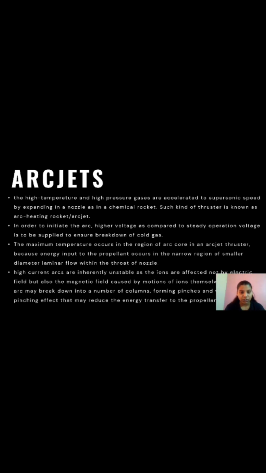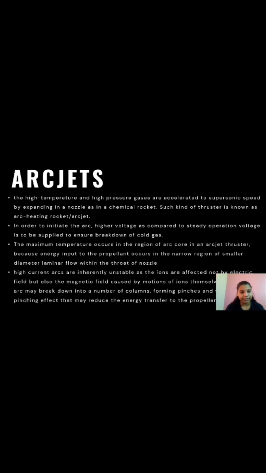The current passes through the ionized gas adjacent to the cathode. The arc discharges from the tip of the cathode, forming an arc column. The maximum temperature occurs in the region of the arc core in an arc jet thruster because energy input to the propellant occurs in the narrow region of smaller diameter laminar flow within the throat of the nozzle.